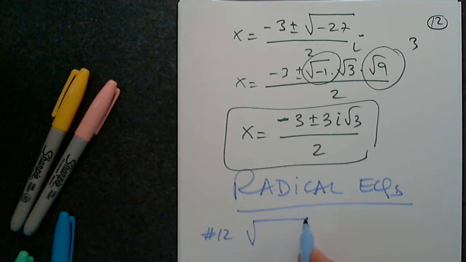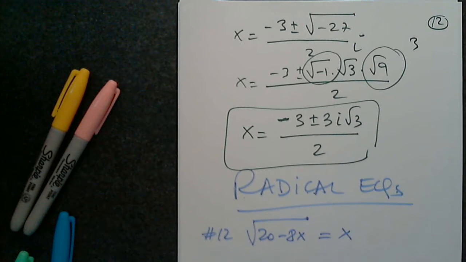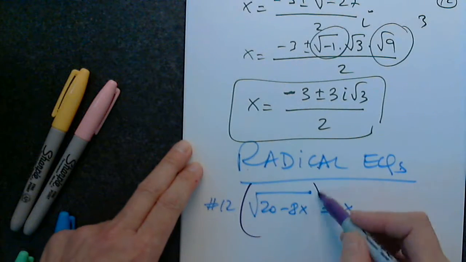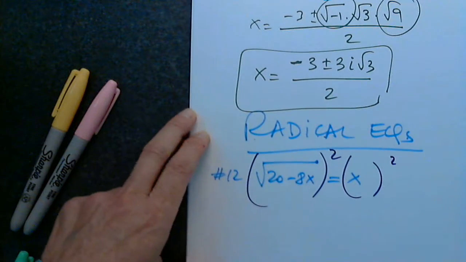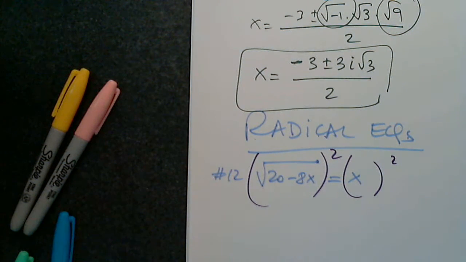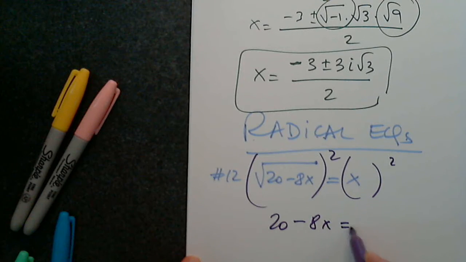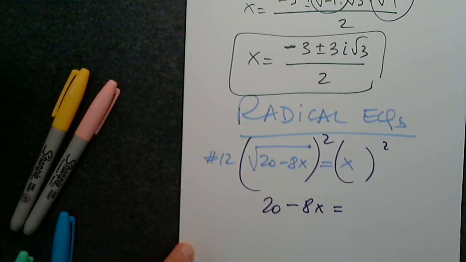The square root of 20 minus 8x equals x. Indeed, we have to square both sides. When we square the left-hand side, what do we get? When we square the right-hand side, what do we get?